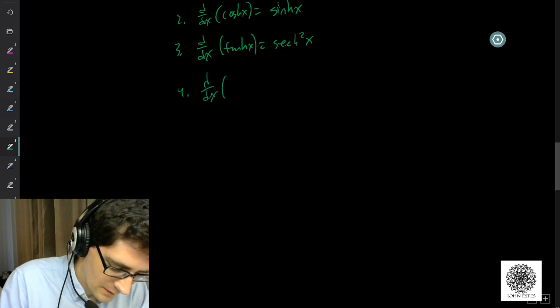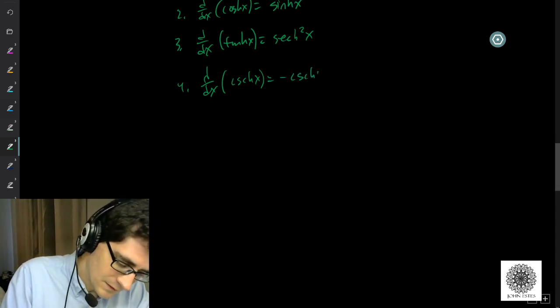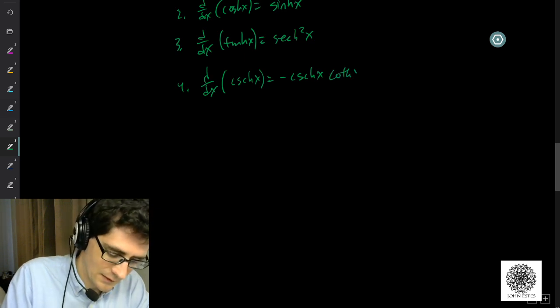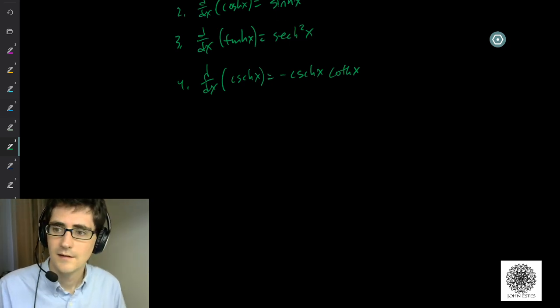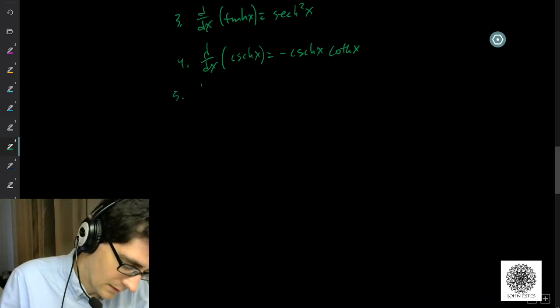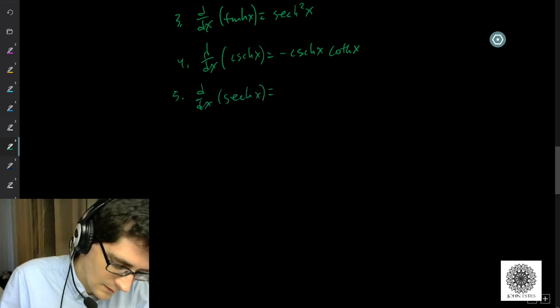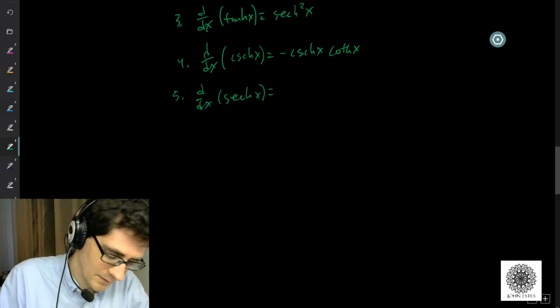The derivative of csch x is going to be negative csch x coth x, which is consistent with the derivative of cosecant. The derivative of sech x is consistent with the derivative of secant, except it's negative.